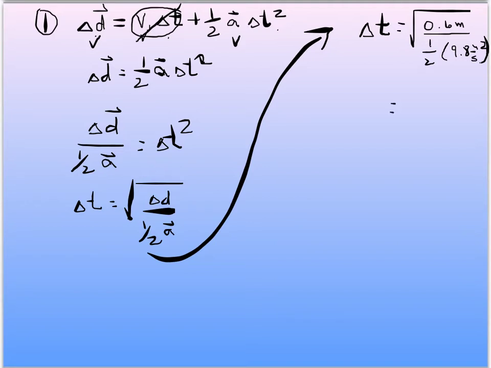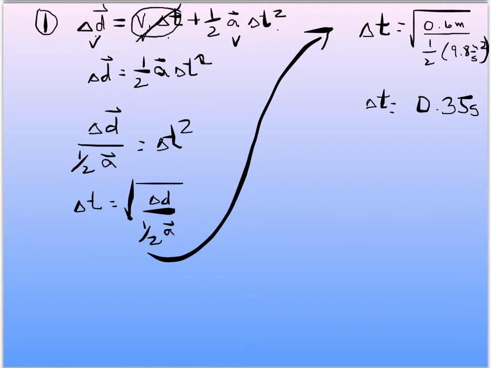And a half of that works out to 0.6 divided by 4.9. Take the square root of that, you get delta T equaling 0.35 seconds. You actually get 0.3499 something. A lot of decimal places there.